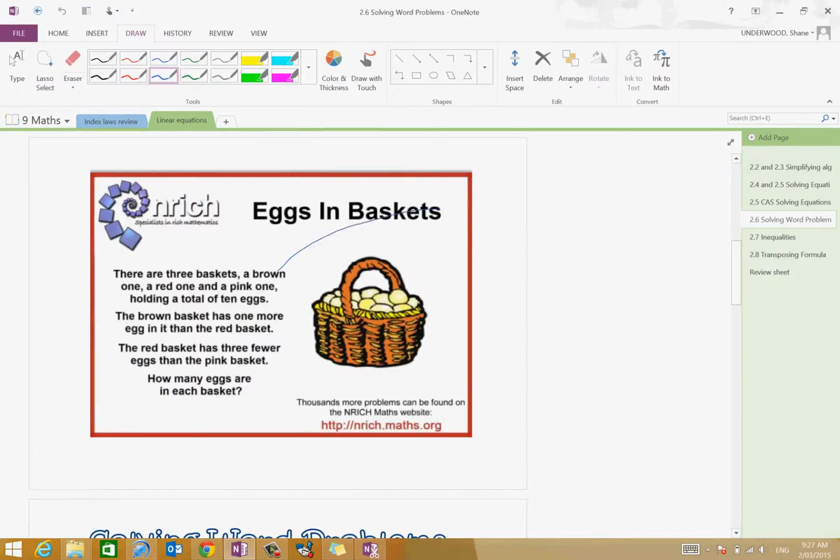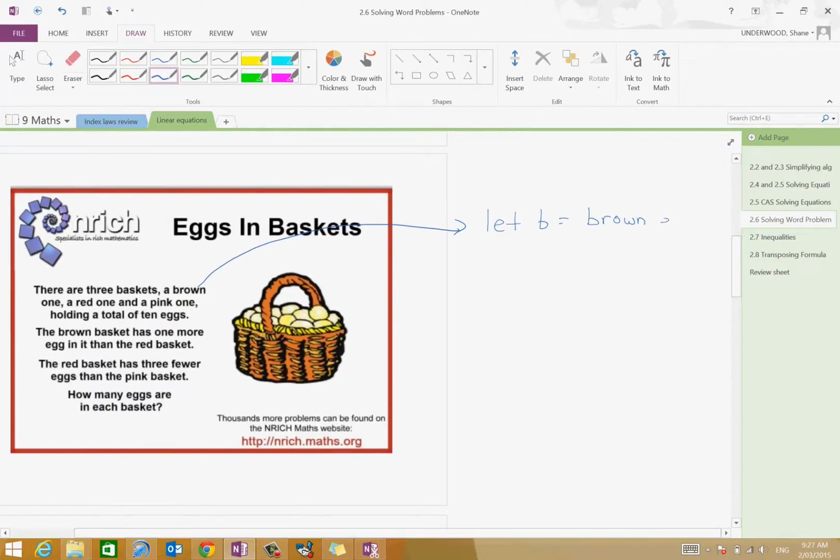Now, if I was to go over here, a brown one, a red one, and a pink one, what do I have to do? I have to declare my variables. So what we're going to say is we're going to let B equal the brown eggs. And it's the number of brown eggs. Okay?